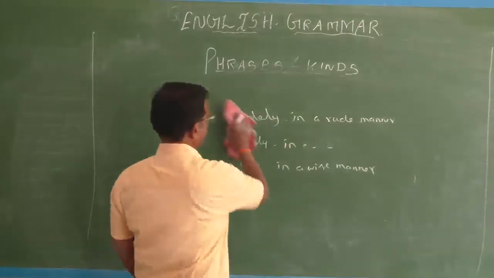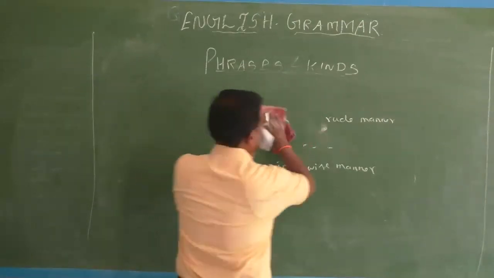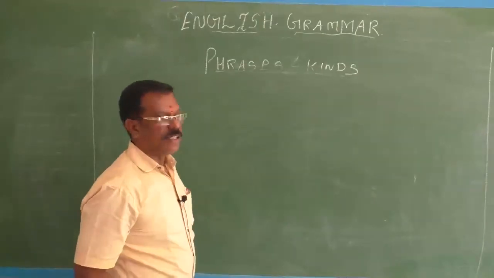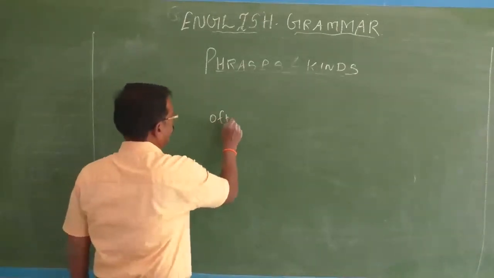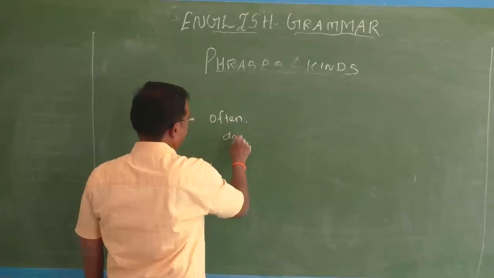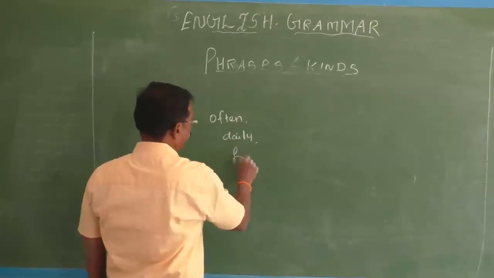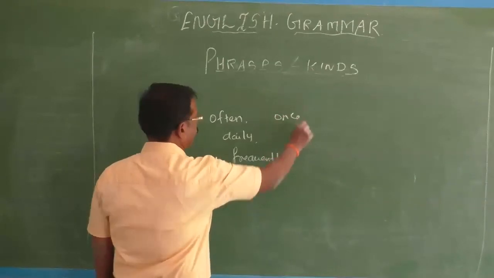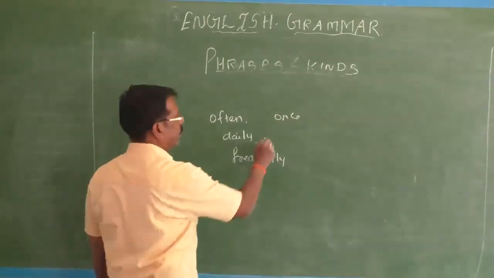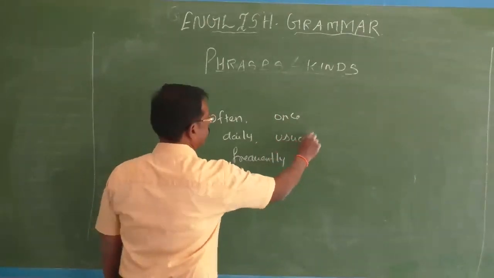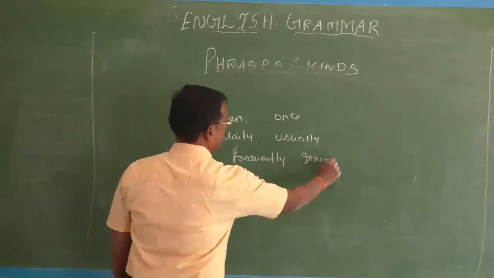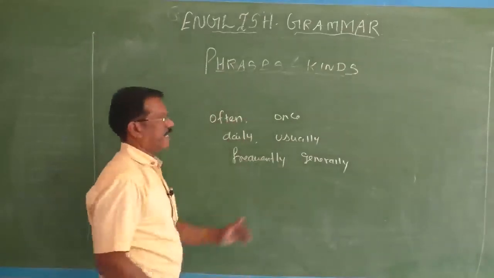And apart from these adverbs that end in ly, we have some other adverbs. See, often, daily, frequently, once upon a time, usually, generally. So we have so many adverbs like this.